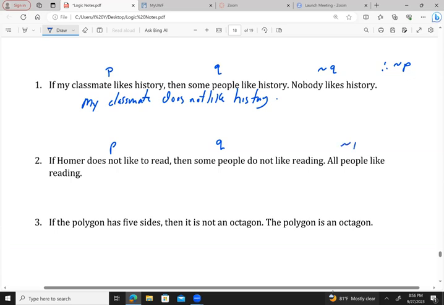So this again is a negation of Q. So therefore I'm looking for the negation of P, which would then be Homer likes to read.